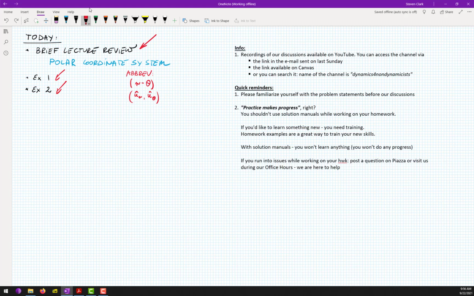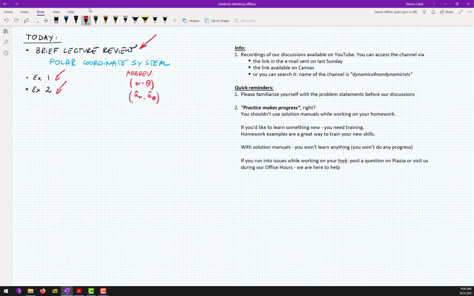Okay, quick reminders, probably for the last time. Please familiarize yourself with the problem statement. The reason why you should do it is exactly the same as last time. It's just to save some time. It should be beneficial for you and also maybe a little bit for me. And practice makes progress, yes? So I think that this is the most important thing in this semester, actually. I'm very sorry that I am mentioning that for the third time, but really I think that this is the most important thing for you guys. Do you want to make progress?